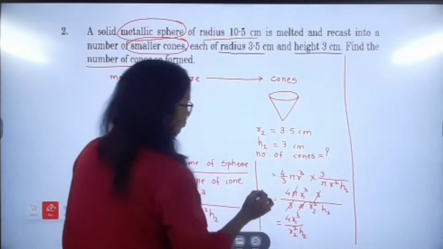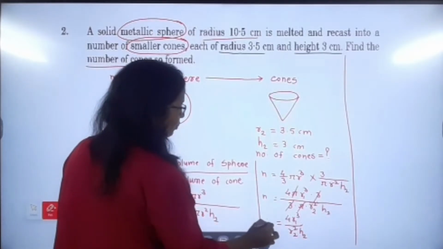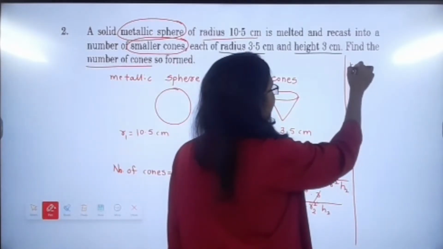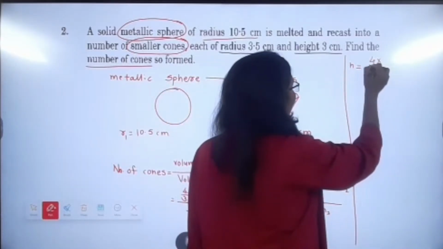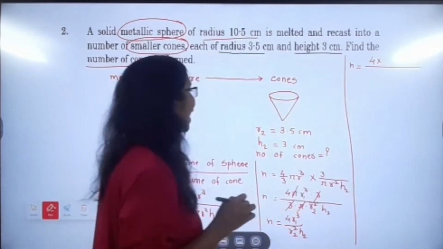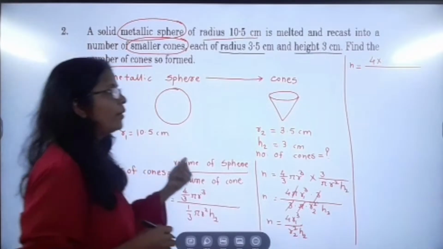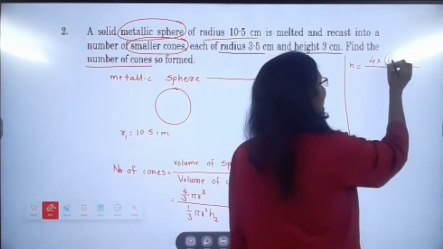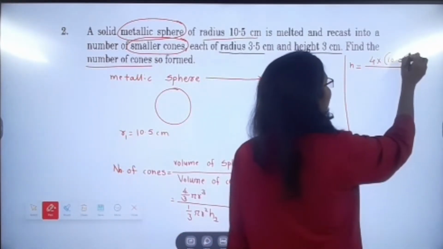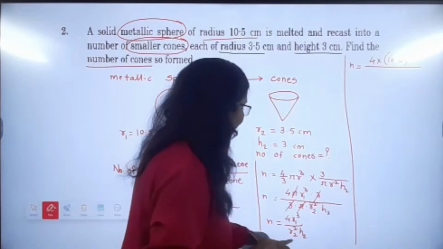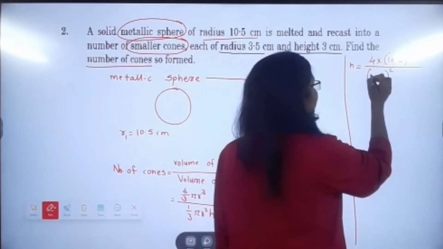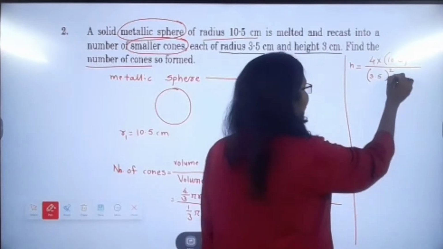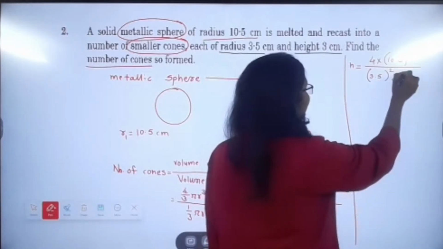Here I write down the n, the number of cones, that is n. So n is equal to 4 multiply r1, and r1 is 10.5, so cube of 10.5, then r2 square, r2 is 3.5, so square of 3.5, and multiply h2, and that means 3.